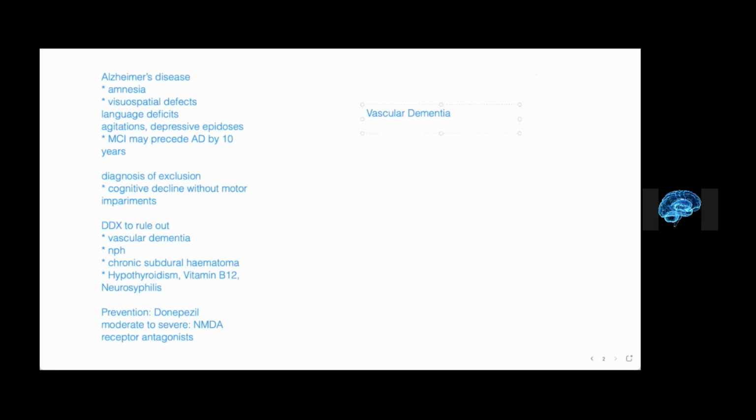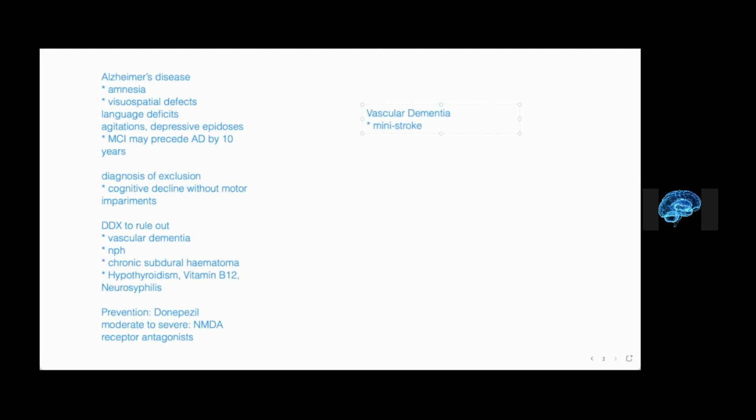So vascular dementia. I think about vascular dementia as if they've had mini strokes or TIAs or probably proper strokes, okay? So I think about it especially in a patient with stroke or cerebrovascular disease. And it's actually the second most common type of dementia secondary to Alzheimer's disease.